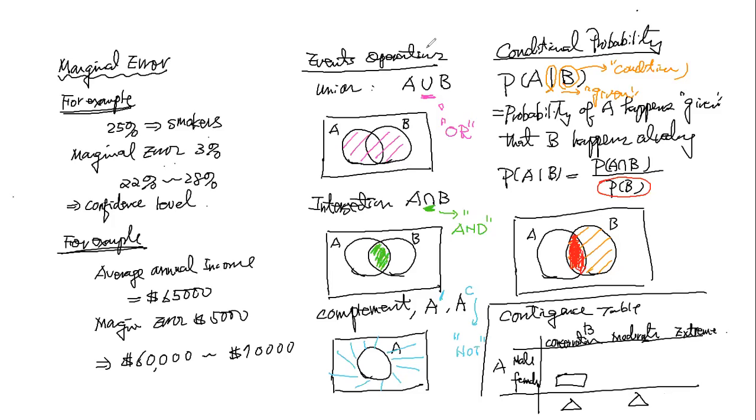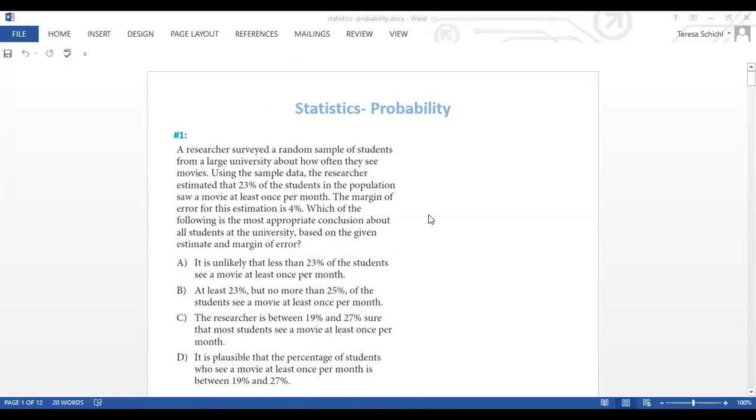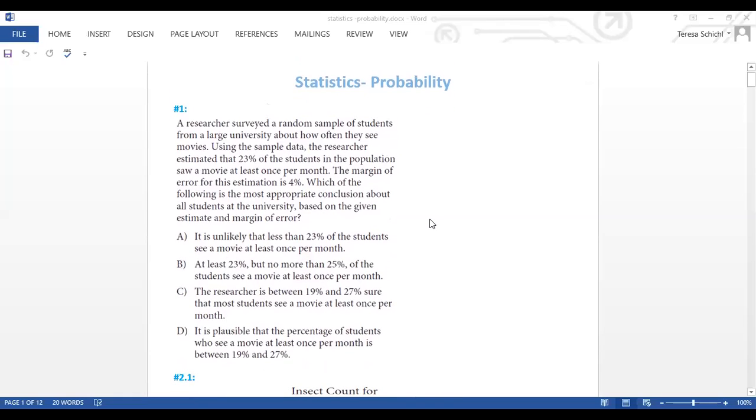All right, so now let me go to the worksheets here. Okay, here are my worksheets. Let's say here, a researcher surveys a random sample of students from a large university about how often they see movies.